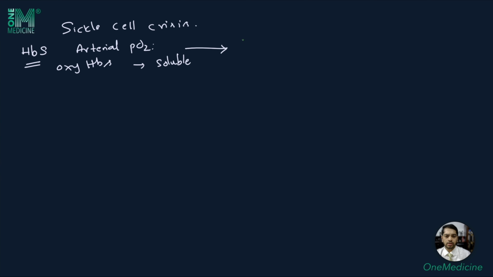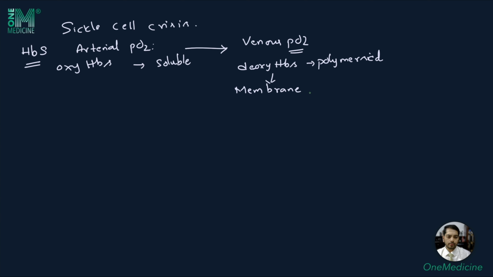But when it reaches the venous PO2 levels, which is the hypoxic state, then the deoxyhemoglobin or deoxy-HbS is polymerized. This polymerization leads to membrane changes, that is sickling, at a microscopic level, but it also leads to increase in the calcium influx and potassium leakage.